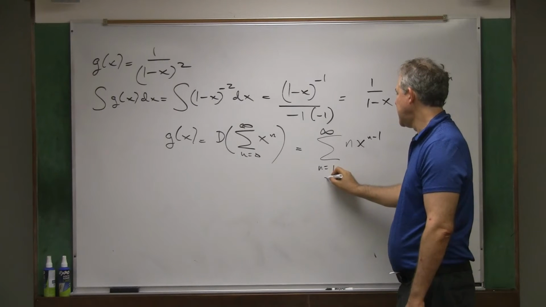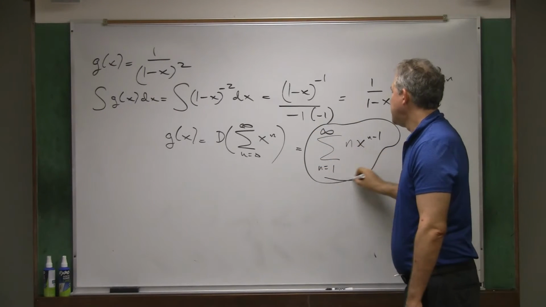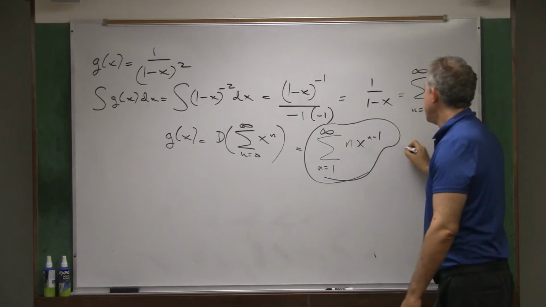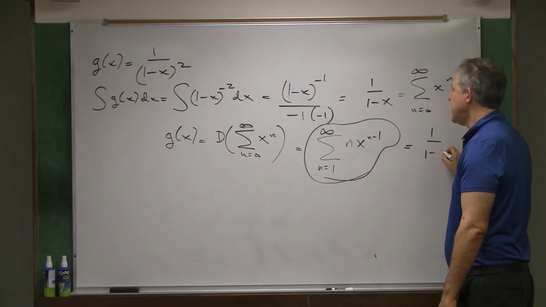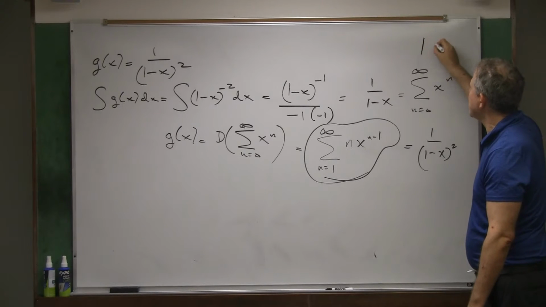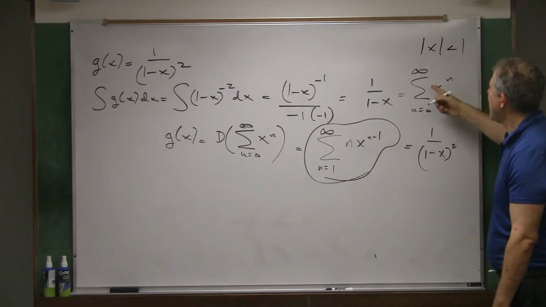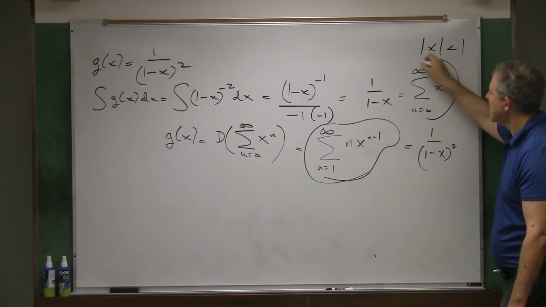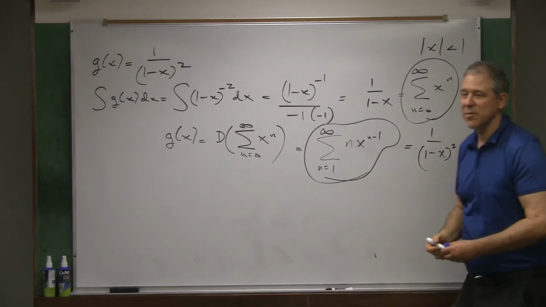And so this series now represents this function when the absolute value of x is less than 1, because that is where this geometric series is converging.